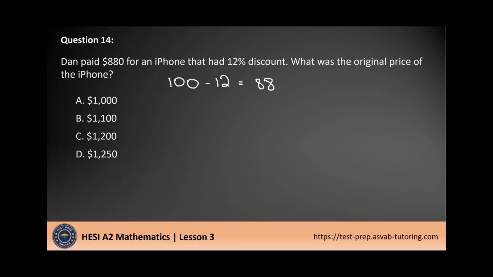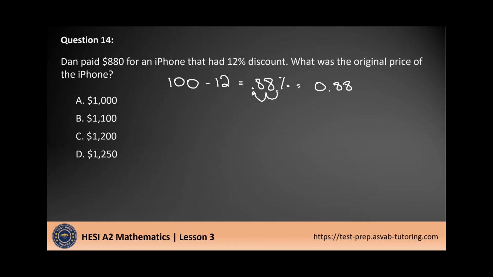Okay, so that means 88% of the original price, which we'll call P, equals the price Dan paid, which is $880. So let's turn that into an equation. We'll start by turning 88% into a decimal. This equals 0.88.